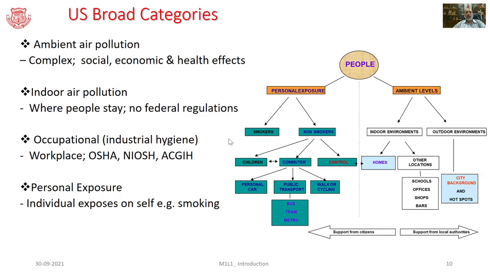However, as we consider personal exposure, for example smokers or non-smokers who are exposed at various levels, the control needs to be established on their own by the citizens who are living in that region.